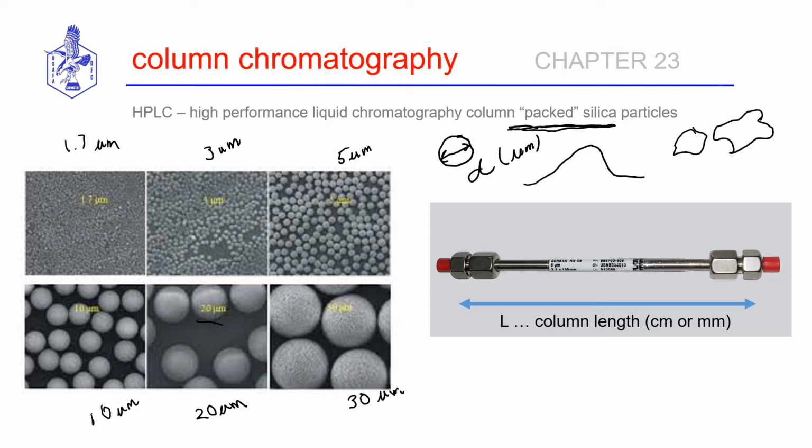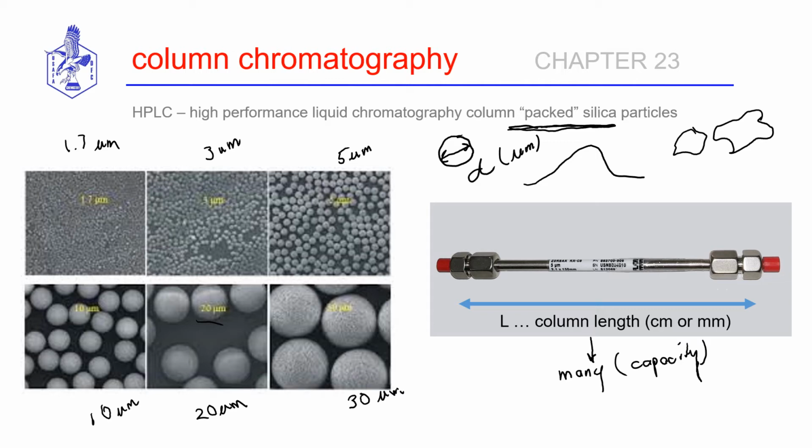A huge decision one has to make is the length of the column you're going to use in a separation. So the length of the column is going to dictate, obviously, how many particles there are. That's going to have an impact on the capacity, how much sample you can put on the column.